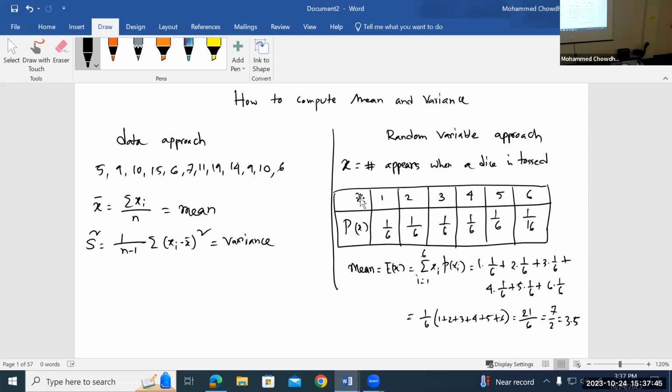So I want to find, if you toss a die, on average what number will appear. Anything mathematically written or derived should have an explanation, right? So what is the explanation? If you toss a dice, on average 3.5 will appear.